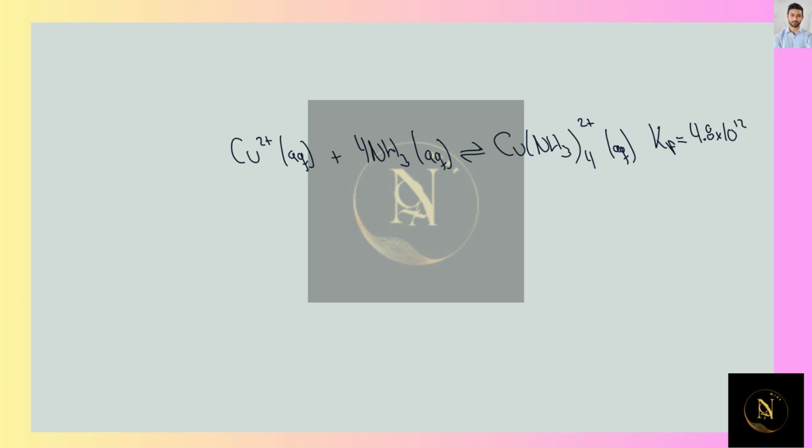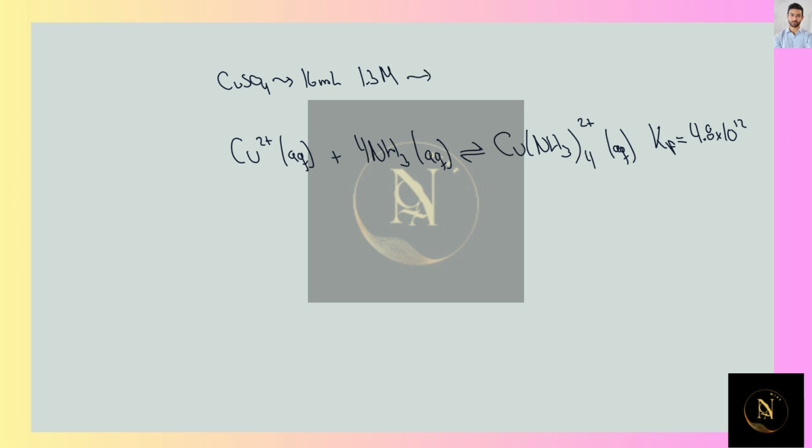So the first thing that we need to do is to find out which one is going to be the limiting reagent. Just from the information that we have here, you can clearly see that the limiting reagent is going to be the copper sulfate, right? Because we are mixing 16 milliliters of a 1.3 molar solution.